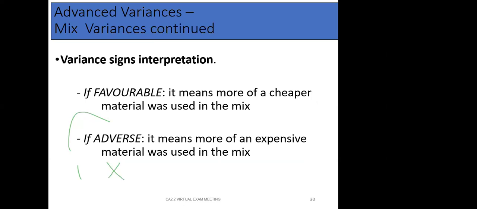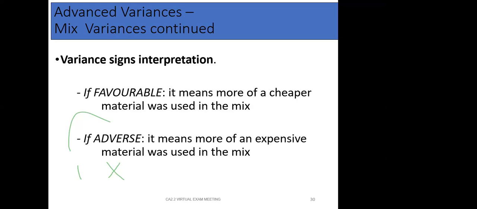Next, variance signs interpretation. If a mix variance is favorable, what it means is that more of a cheaper material was used in the mix. Students or candidates may be able to calculate a mix variance, but fail to interpret what that mix variance means.